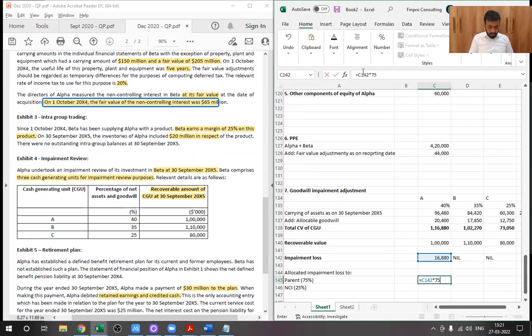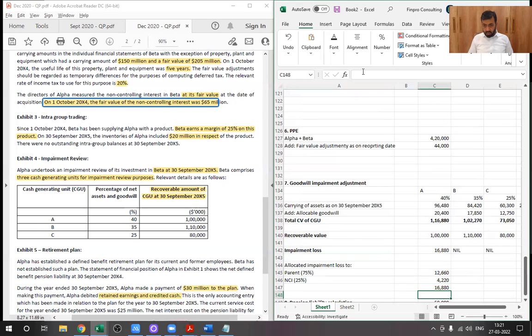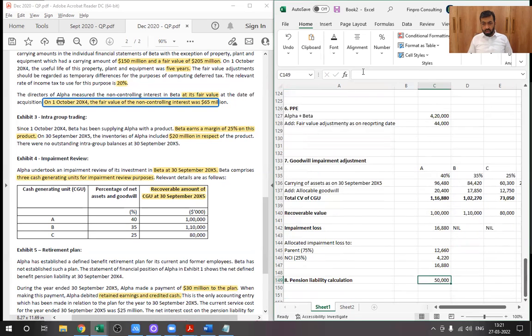This multiplied by 75%, multiplied by 25%. Total is 16,880.